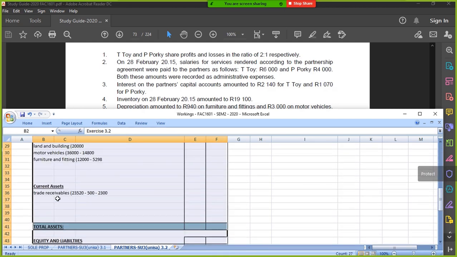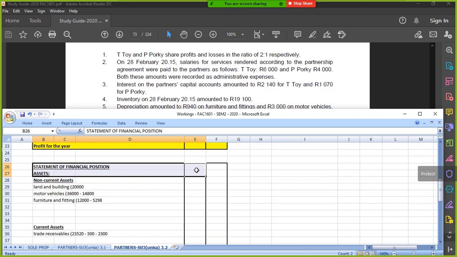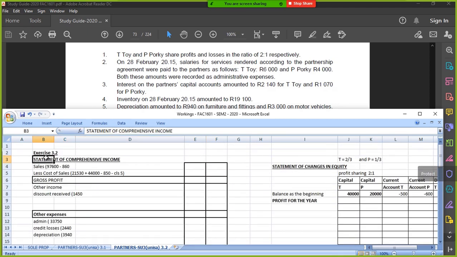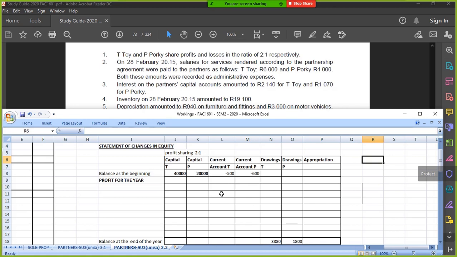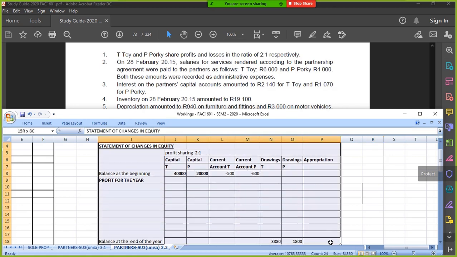What is the partnership worth in terms of its financial position and what did they generate in terms of income and expenses? This is a partner-specific transaction, and when we spoke about partner-specific transactions, we said it goes in the SOCI because it relates to the partners.